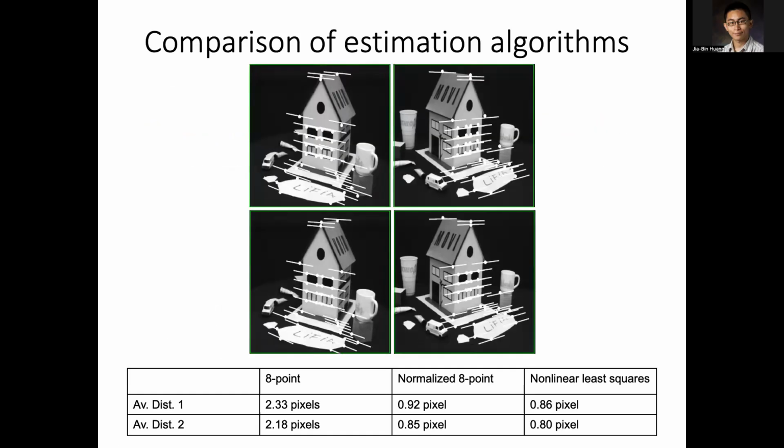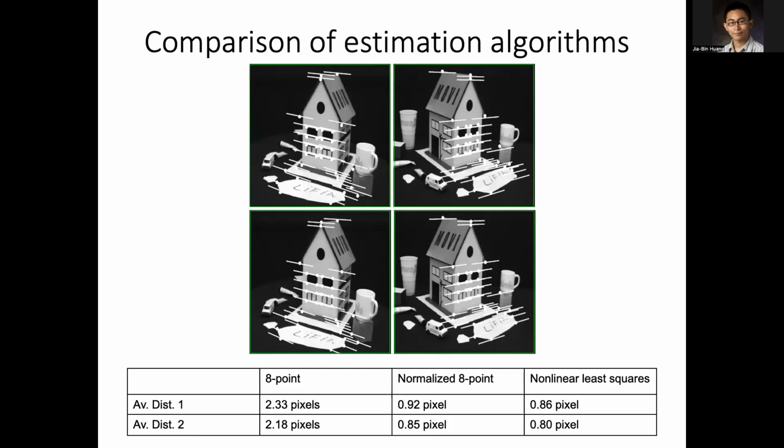All right, this just shows you how important it is to normalize these things. This is a pair of images. If you estimate with a normalized coordinate system, then you get something pretty accurate. You can further optimize this, just like the bundle adjustment example we talked about earlier.